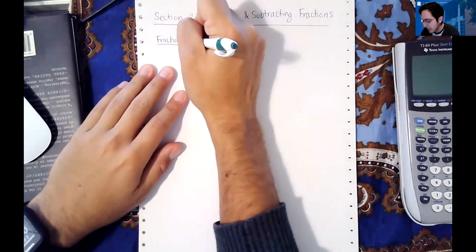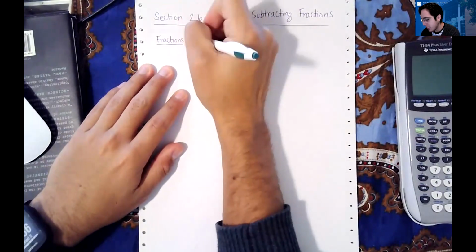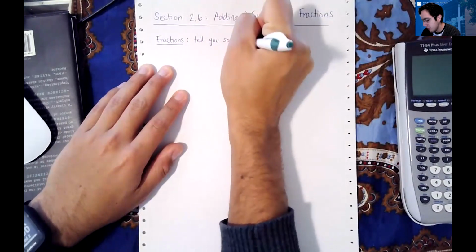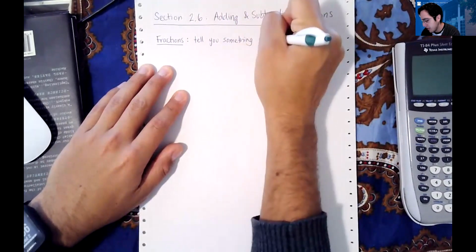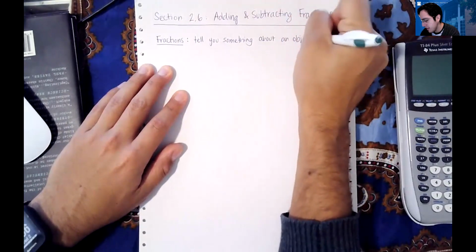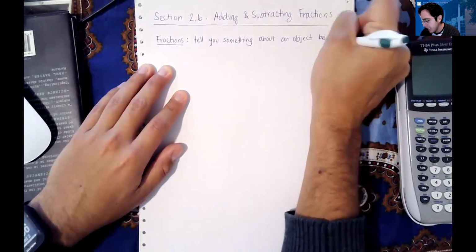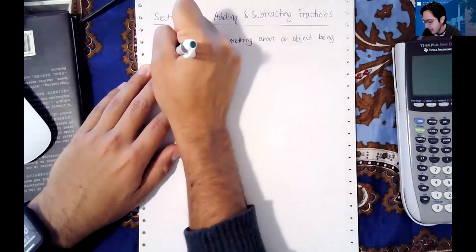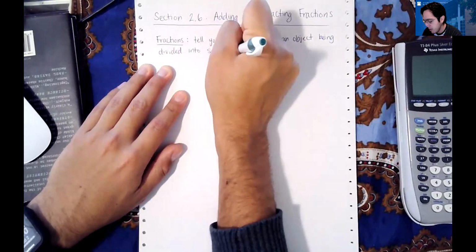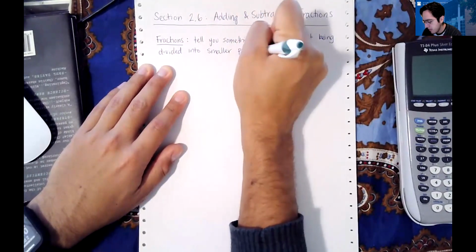So fractions tell you something about an object being divided into smaller parts.